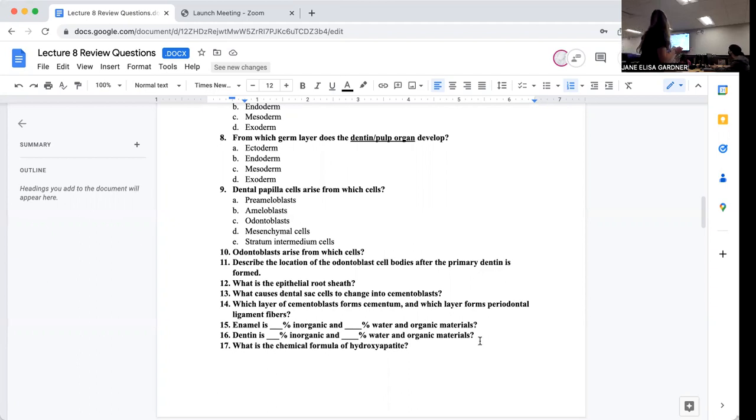Okay. Enamel is what percent inorganic and what percent water and organic materials? So enamel, not dentin. Nice. And then you got the dentin one, which was 70% inorganic, 30% organic. And then what is the chemical formula of hydroxyapatite?